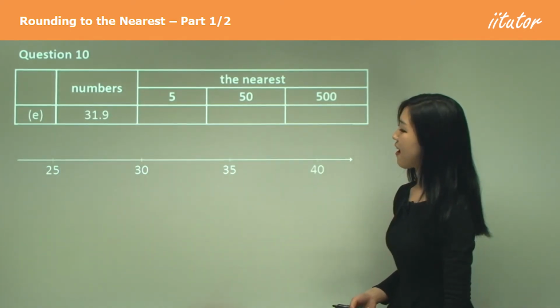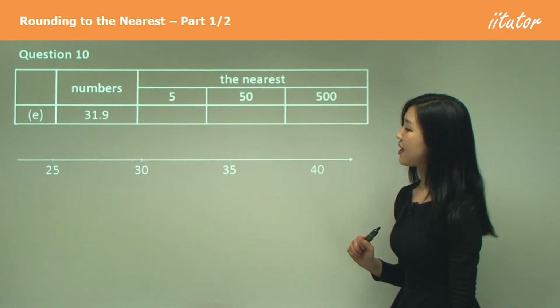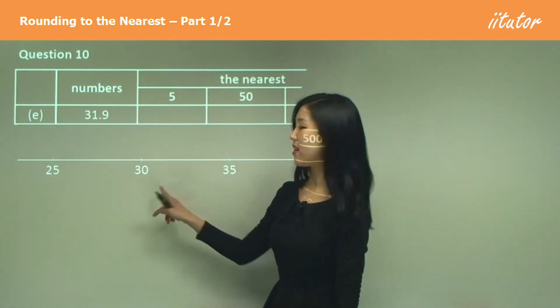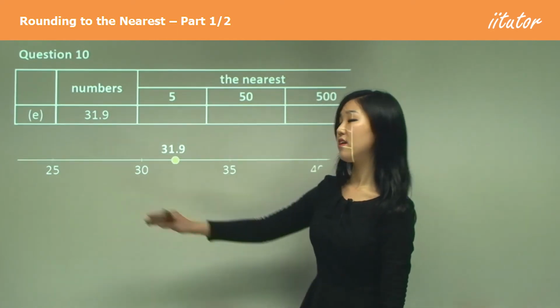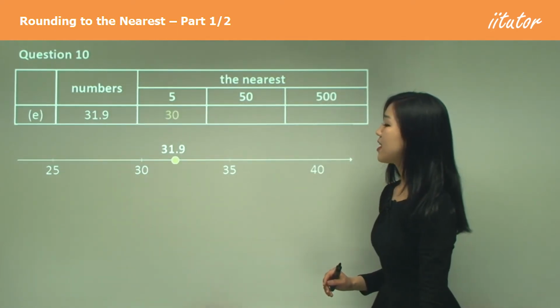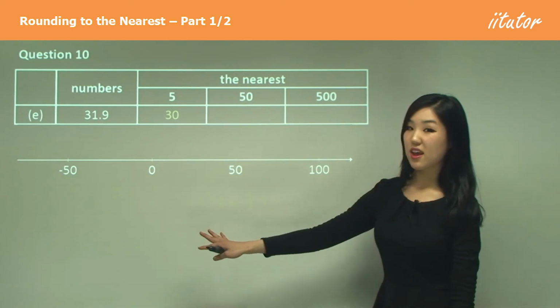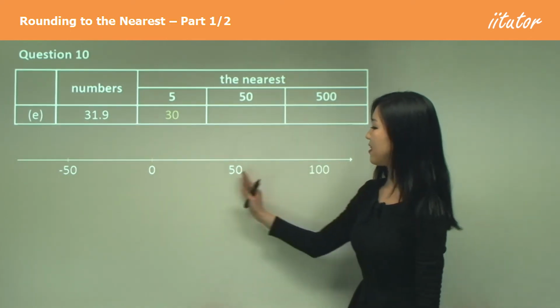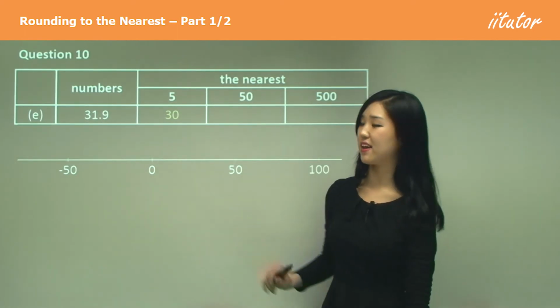Now to the nearest 5, okay, I've got them here, and you can see that 31.9 is between here, but 31.9 is definitely closer to the left, isn't it? So therefore this one's 30. Now nearest 50, I put the -1 there just for the sake of the spacing, but hopefully we don't have to go to the negative ones.